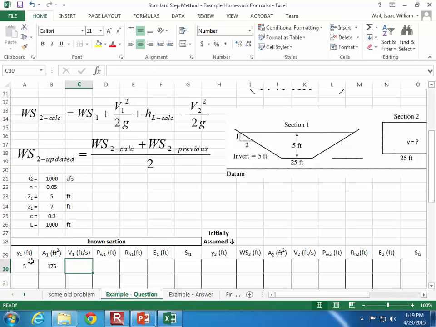The velocity at location 1 is Q divided by area. The wetted perimeter is going to be the formula that we had over here, 25 plus 4.472 times y. So we've got the wetted perimeter. Hydraulic radius is area divided by wetted perimeter.